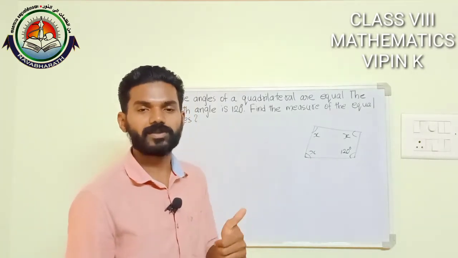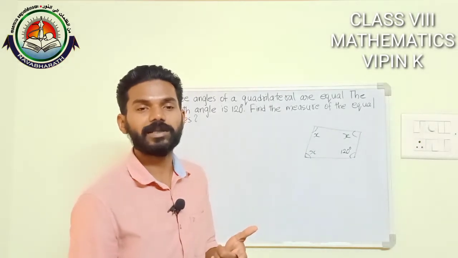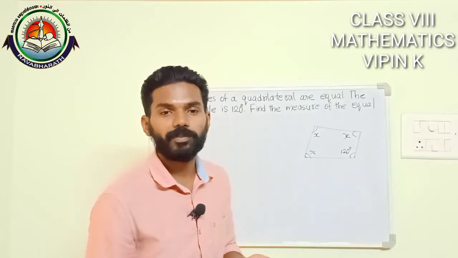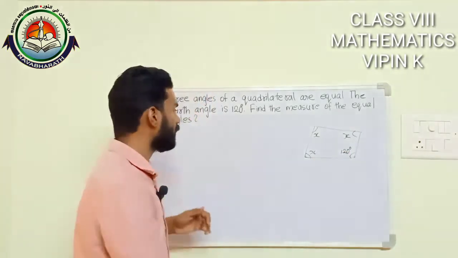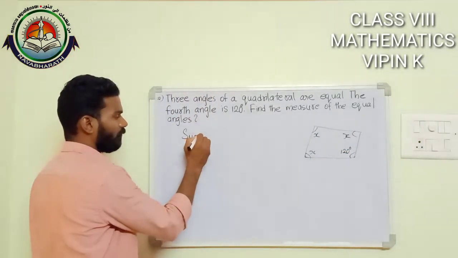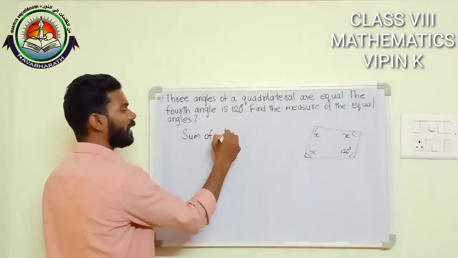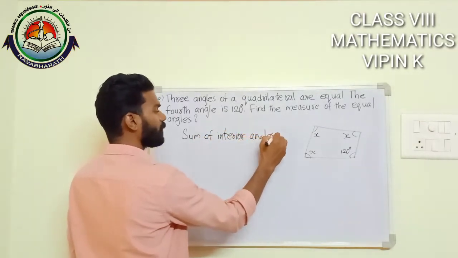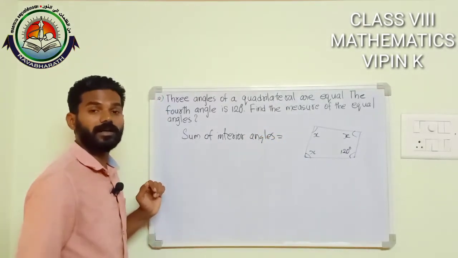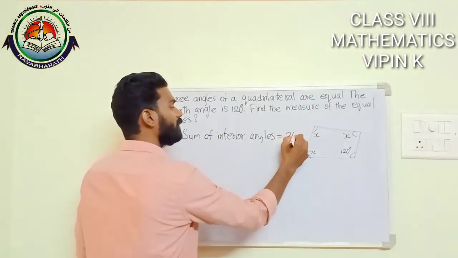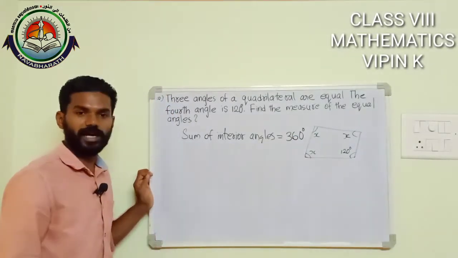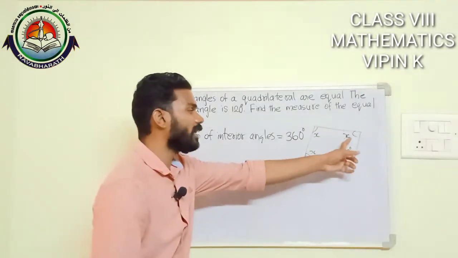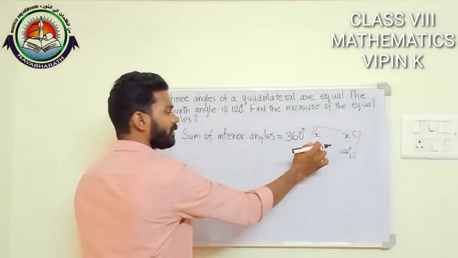As in the previous question, we can use the sum of interior angles property. For a quadrilateral, the sum of interior angles equals how much? Tell me. The sum of interior angles equals 360 degree. Now here we want to sum up all the angles. Which are the angles? The three angles.